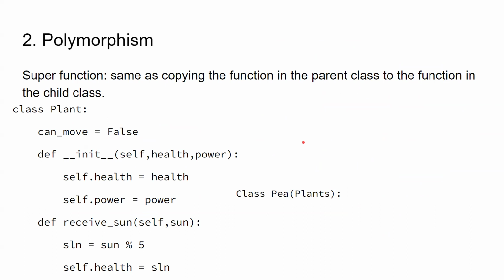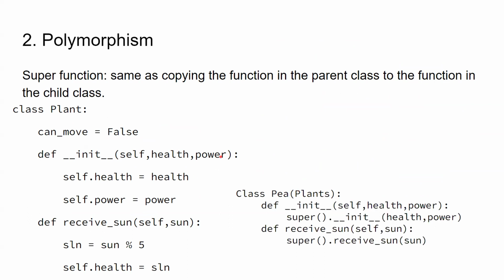So suppose I have a class P pen, and we can define initial and super parentheses, kind of like a function, and then dot, and then just copy the initial function again. And what does it do? Let's talk about using the same example.